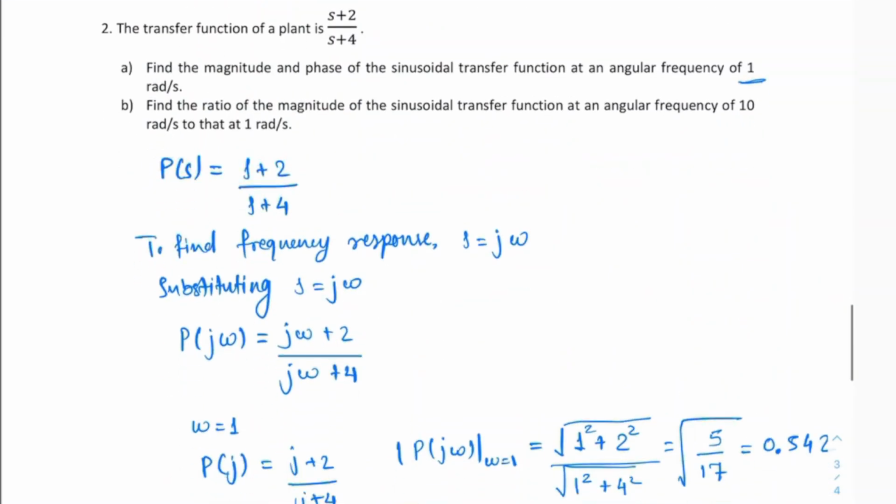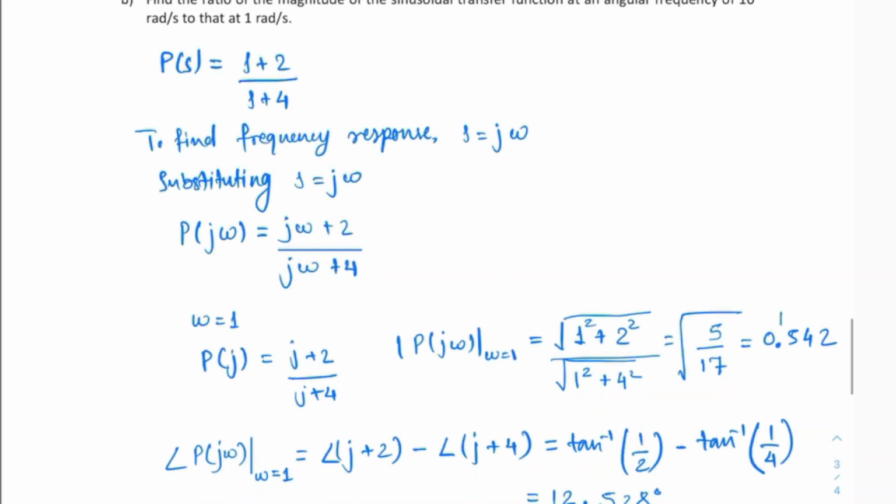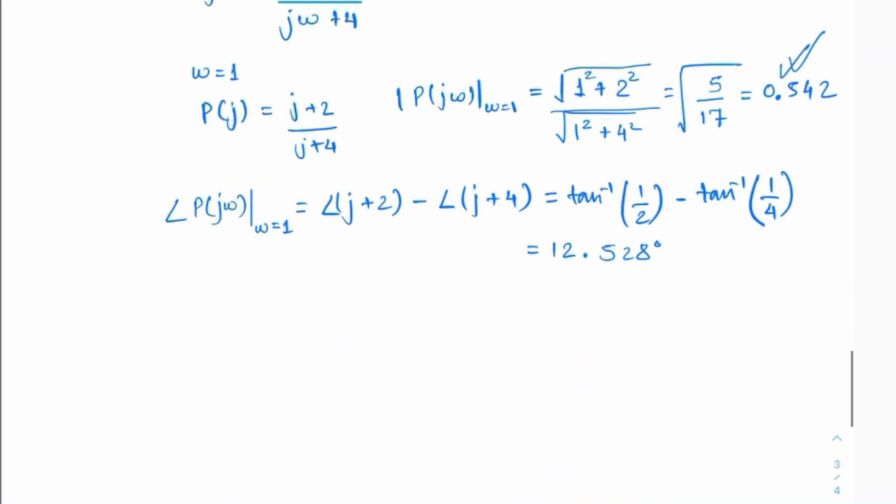So now we have been asked to find the ratio of the magnitude of the sinusoidal transfer function at an angular frequency of 10 radians per second to that at 1 radian per second. We have already figured this out at 1 radian. Now let's do the same at omega equals 10.